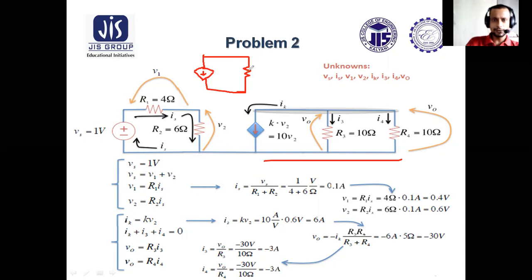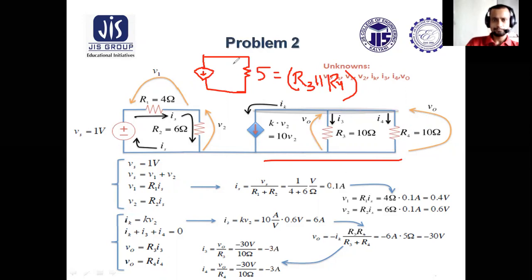So this resistance should be 10 parallel 10, that is 10 into 10 divided by 10 plus 10, 5 ohm. So this is the parallel combination of R3 and R4. Okay. So if we combine these two in parallel, then the circuit will look like this one.